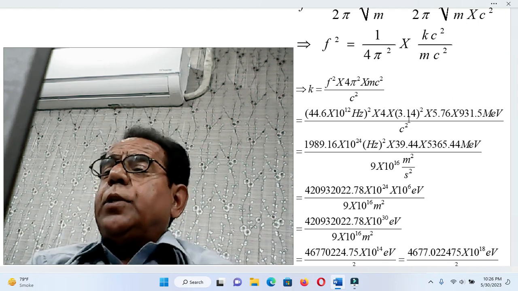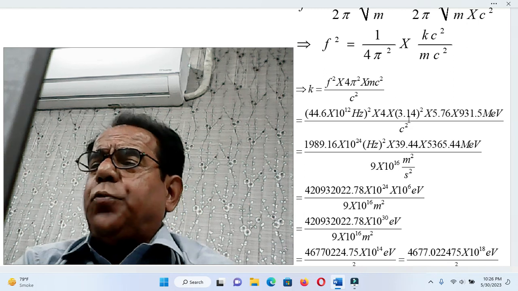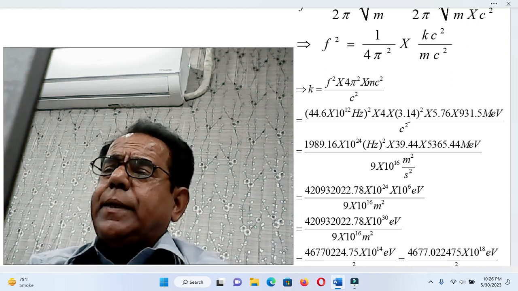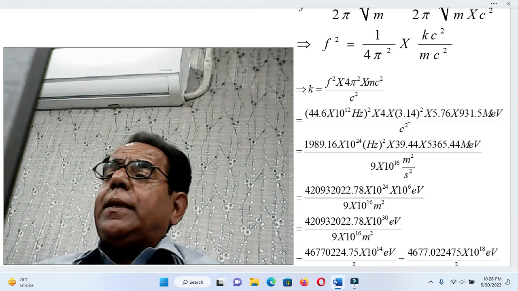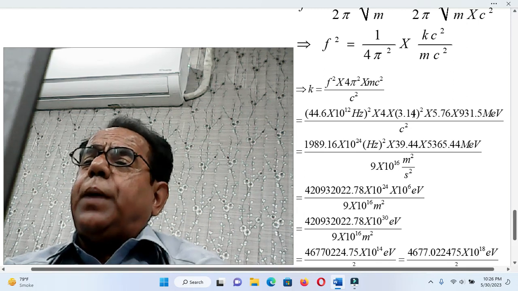So here after 4 we have also put the value of pi square, then into m into c square. What is m? m is reduced mass.